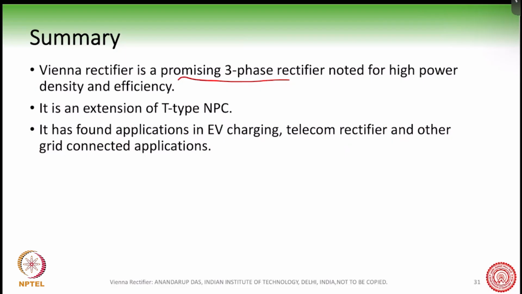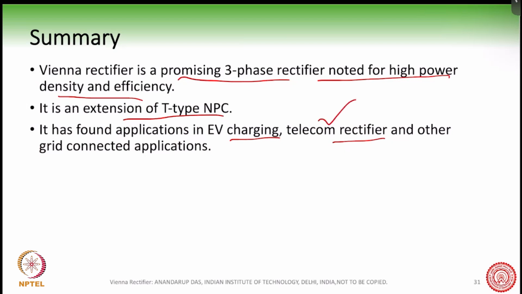If you want to do that, then you have to use a T-type NPC. But this is noted for very high power density and efficiency. So you can say that it is an extension of the T-type NPC, and it has found a lot of applications like in EV charging and telecom rectifiers.